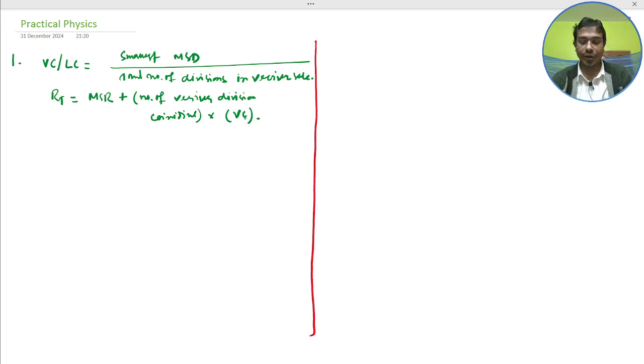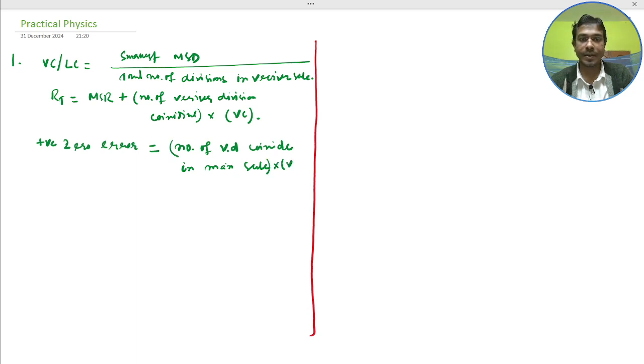And positive zero error: the positive zero error is equal to the number of Vernier divisions coinciding in the main scale, multiplied by the Vernier constant.